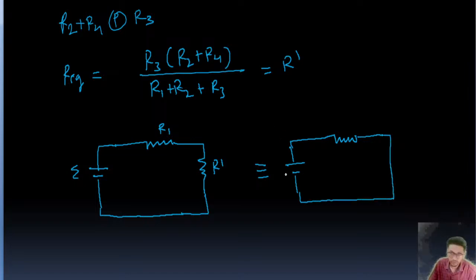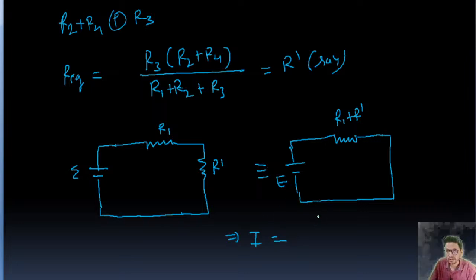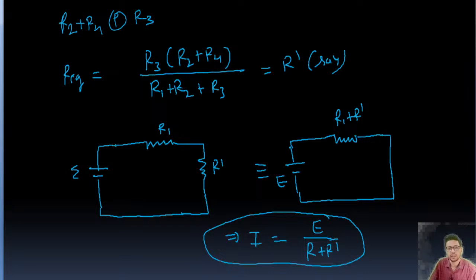This is E, and this is R1 plus R dash. Now we can easily find the current. Current I is going to be V upon R, that is E upon R1 plus R dash. So this is the current, guys.